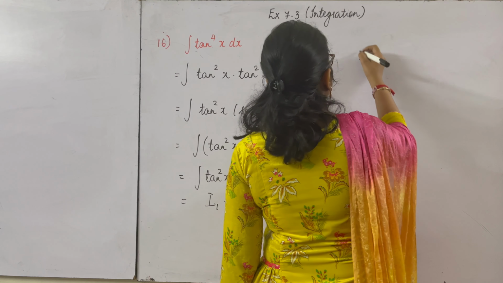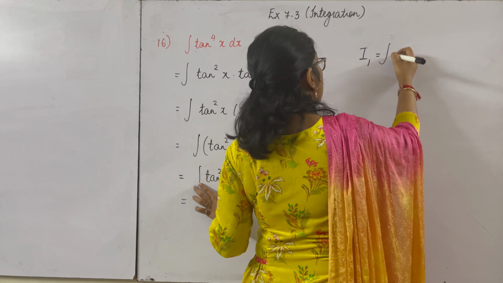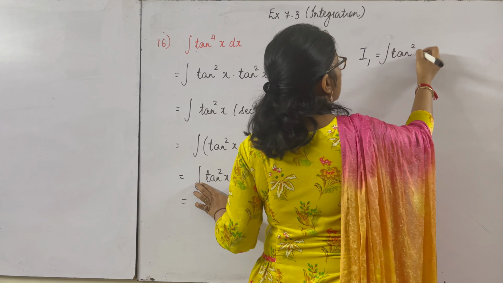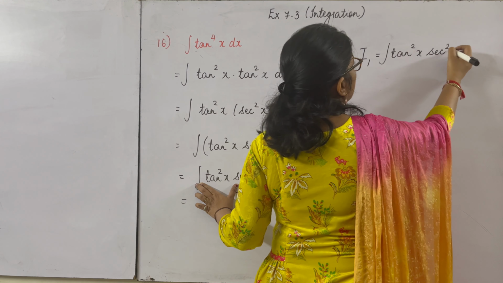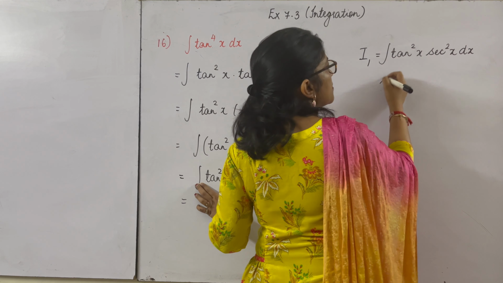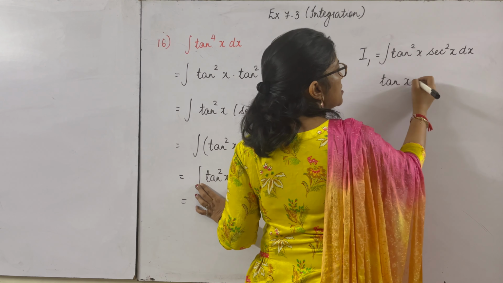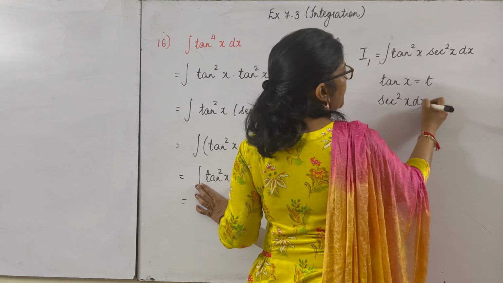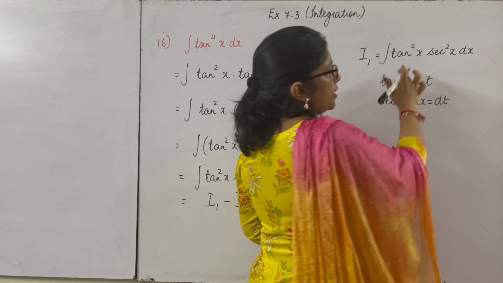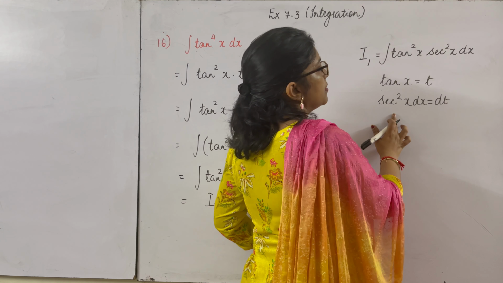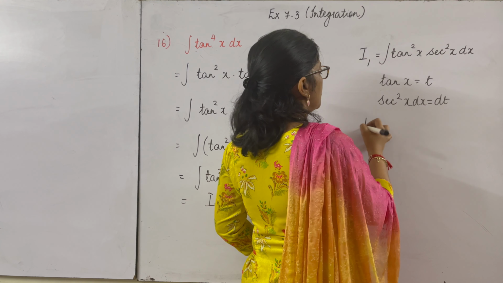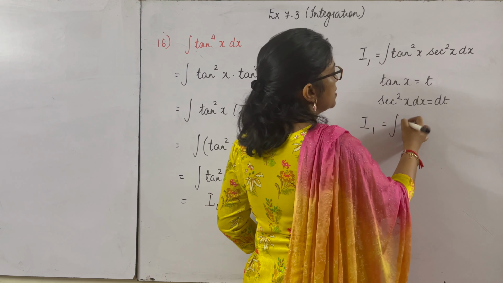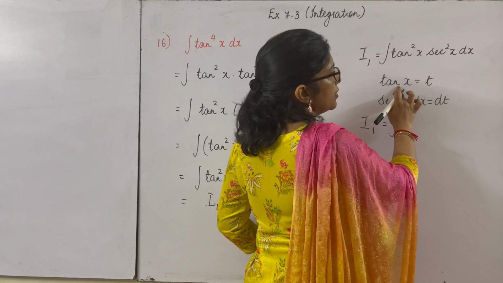So, the integration of the first one, that is tan square x into sec square x. In this, because we have the function and its derivative, we will have to go with the substitution. And so, we have tan x as t, sec square x dx as dt. Substitute here, it becomes t square because we have here tan square x.